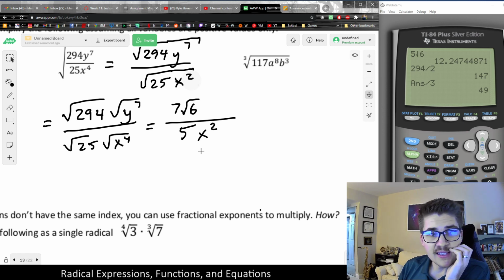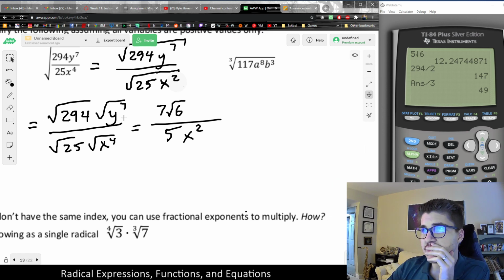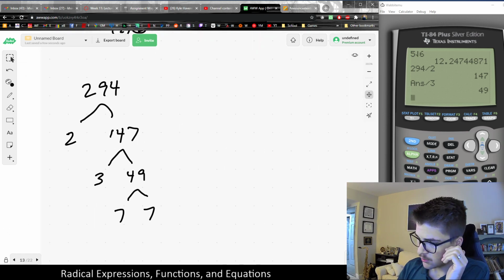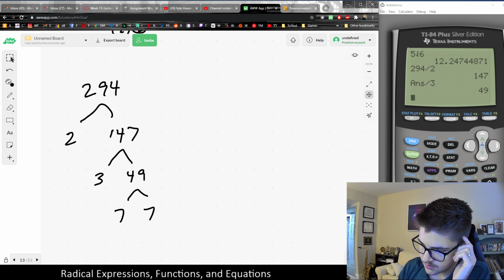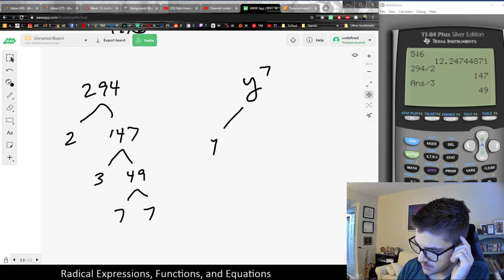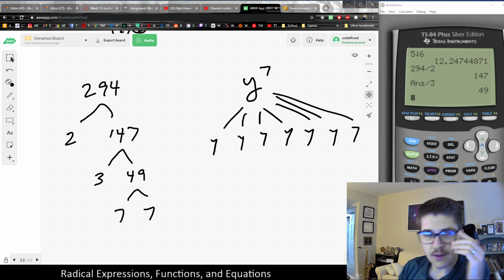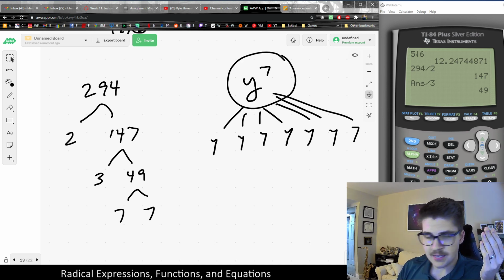And then in terms of y to the 7th, now it's kind of silly to actually simplify it this way, but I could always think about variables to particular powers as, well, y to the 7th just means literally y times y times y. It means 7 y's. In the same sort of fashion, when I'm trying to simplify a square root, it's all about pairs. So it's like, what's the smallest even number this goes into, which is 6.